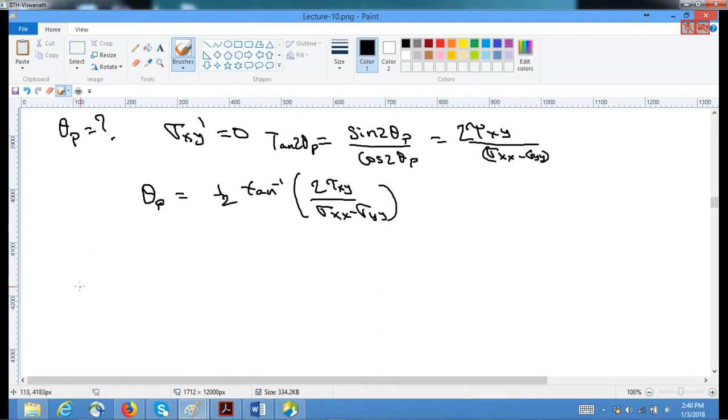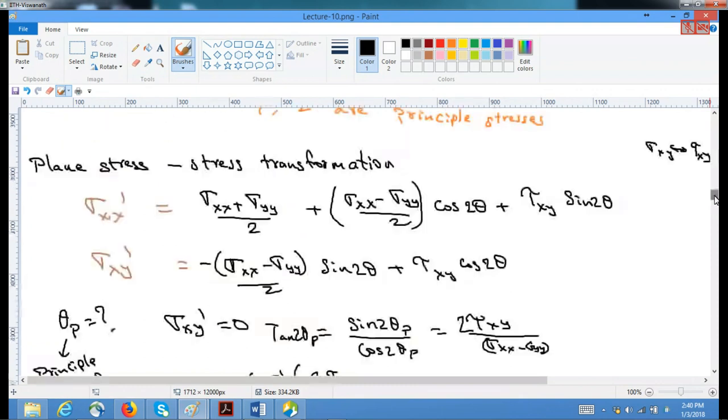Similarly, there can be an angle at which this is... theta p gives the principal planes. So if you substitute this theta p in this value, whatever you get is your principal stress values. Now sigma yy dash would be the same, only this is a minus sign, all the other things are the same.